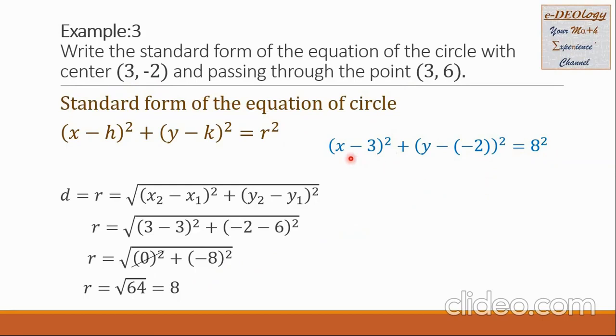Simplifying further, the quantity (x minus 3) squared, we will just copy here, then plus the y minus -2 becomes y plus 2, then we put the square equals 8 squared is 64. This is our final answer.